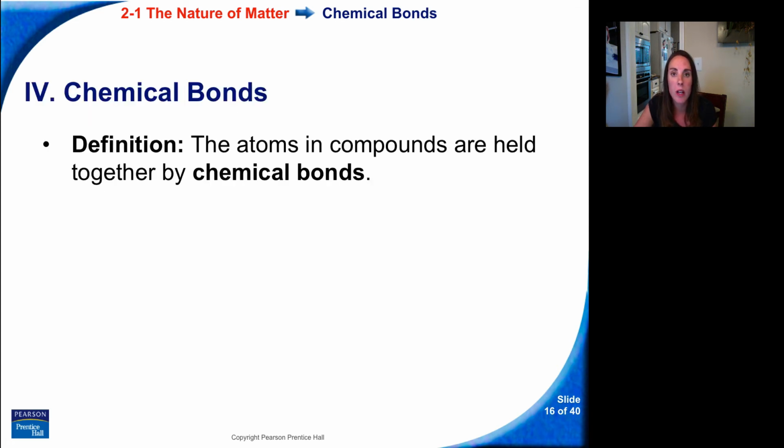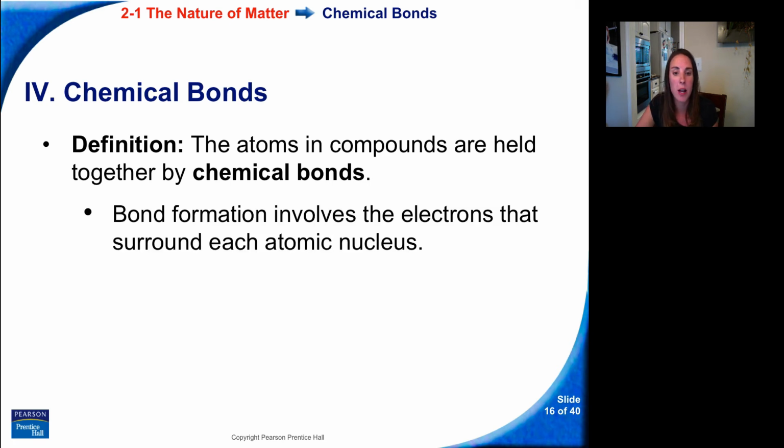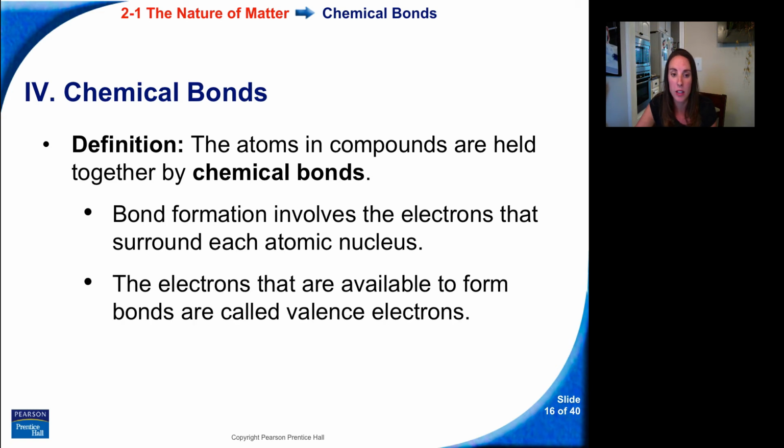So we've got to talk about how these chemical compounds form, and they're formed by chemical bonds. The atoms in compounds are held together by chemical bonds, and bond formation involves the electrons that surround the atomic nucleus. The electrons that are available to form bonds are called valence electrons. The outermost shell of electrons are the ones that are available to form bonds.